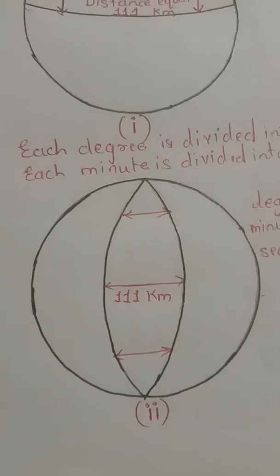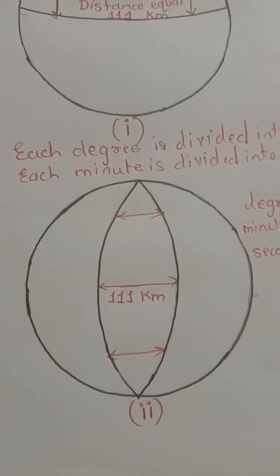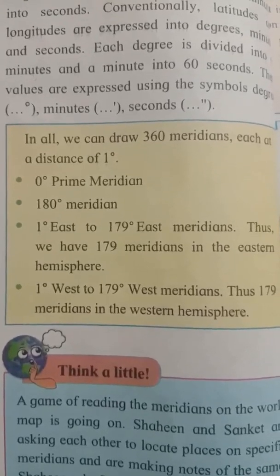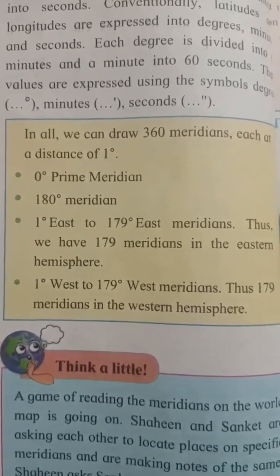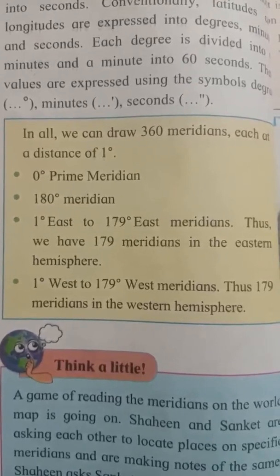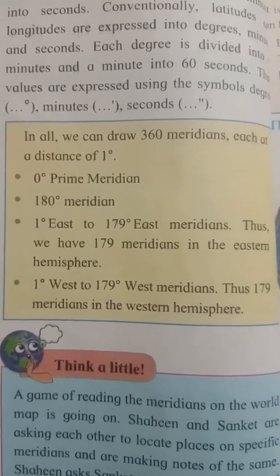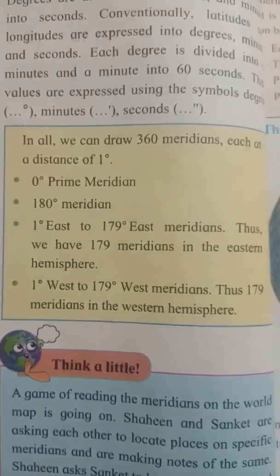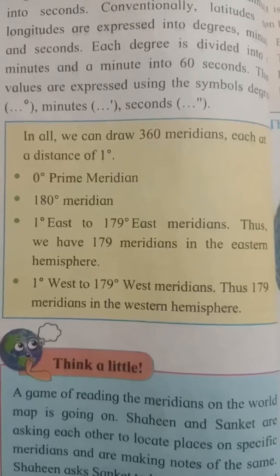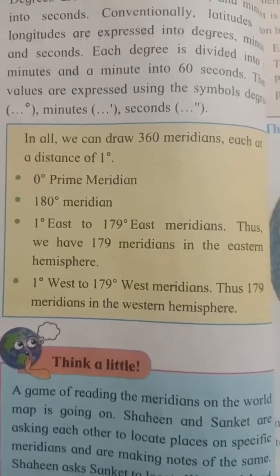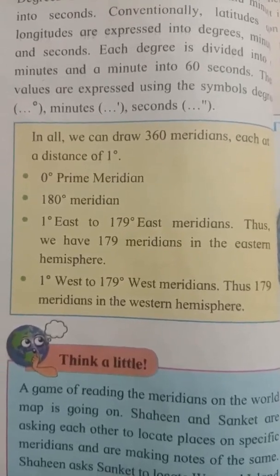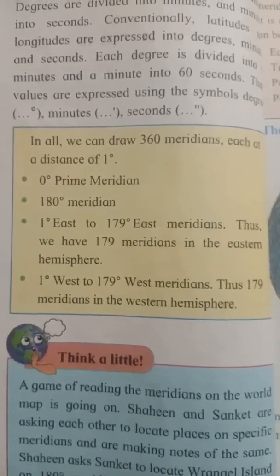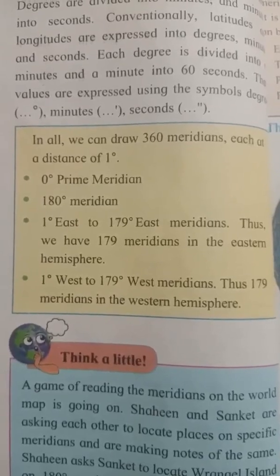In all, we are able to draw 360 meridians. One is the 0 degree prime meridian, second is the 180 degree meridian. At the eastern part we have 179 meridians, that is from 1 degree east to 179 degree east, and at the western part again we have 179 meridians, that is 1 degree west to 179 degree west.